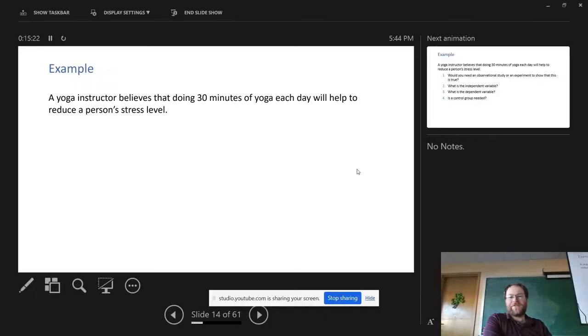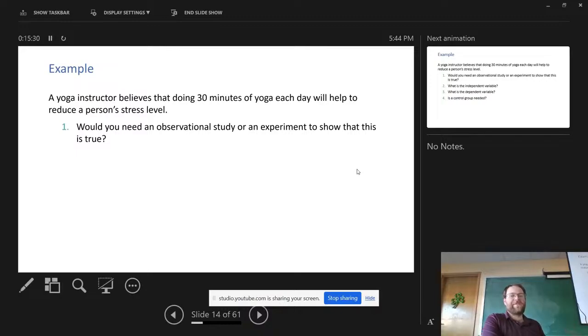So going back to the yoga instructor, we established that we would need an experiment for this, right? What would the independent variable be in that experiment? The yoga instructor. So they're controlling something. What would the yoga instructor be controlling?